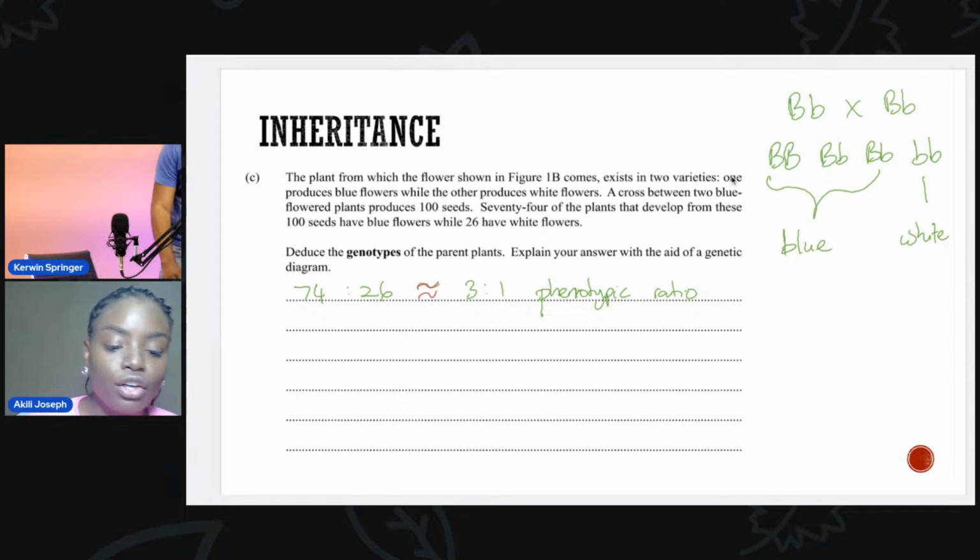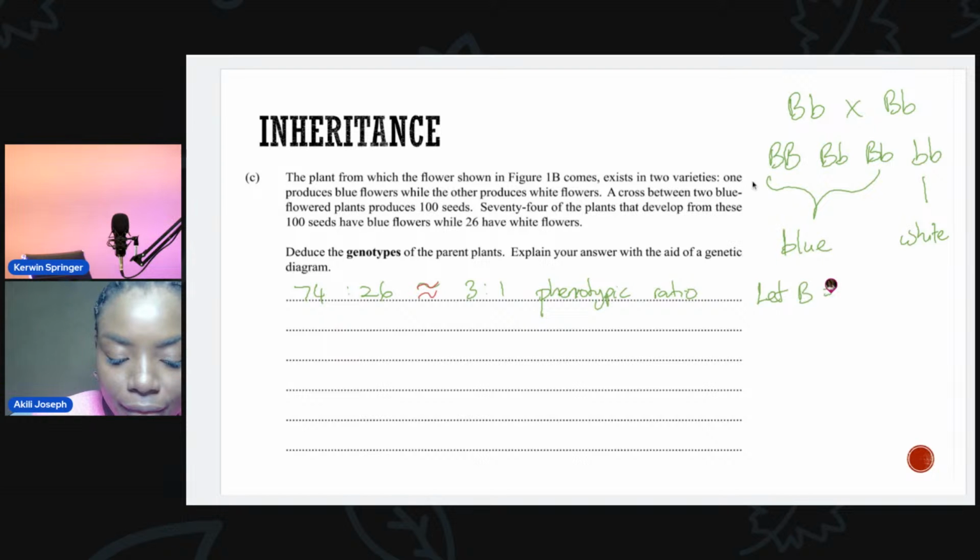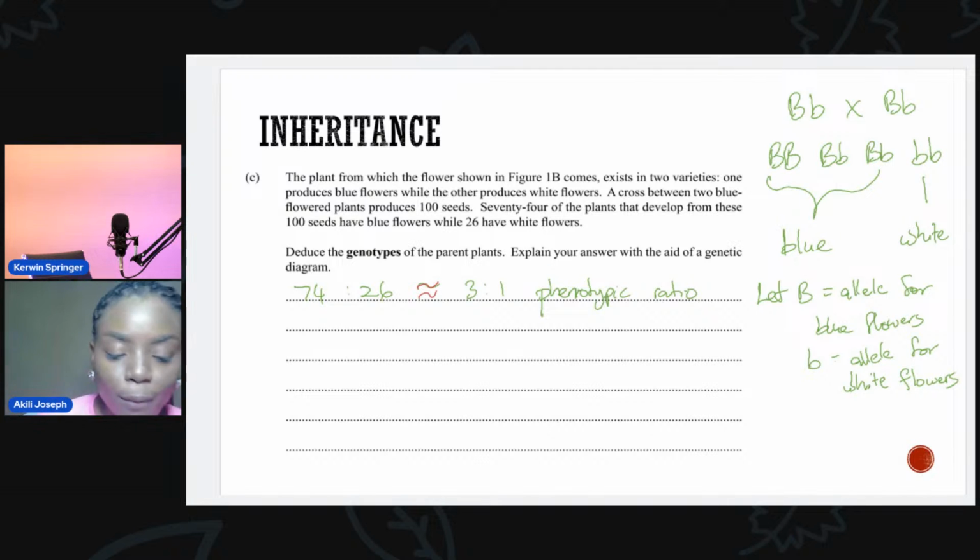So in this case, you're going to let big B equal blue flowers, right? Your parents are going to be heterozygous, so this is going to be a blue parent, which goes in line with what the question says, because it told us two blue-flowered plants give you this outcome.